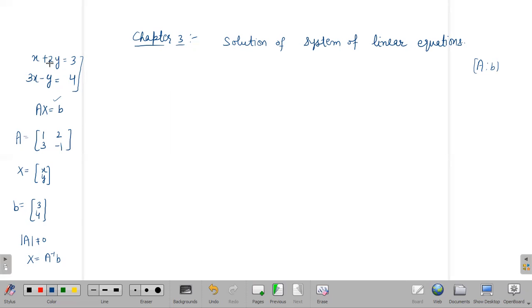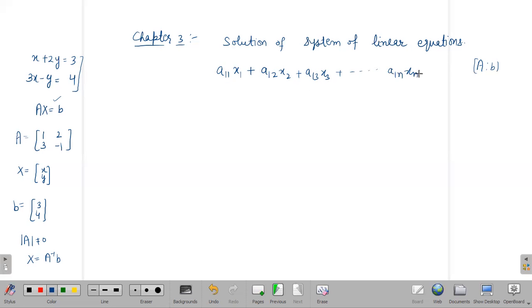So first of all, this is only two equations in two unknowns. Now I'm writing n equations in n unknowns. Obviously there is a large class of systems of linear equations. So a11 x1, a12 x2, a13 x3, and so on up to a1n xn.